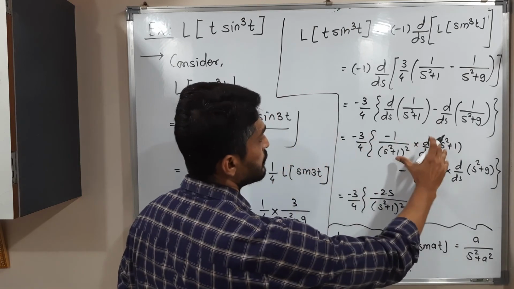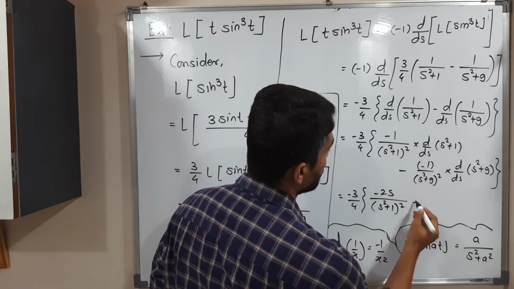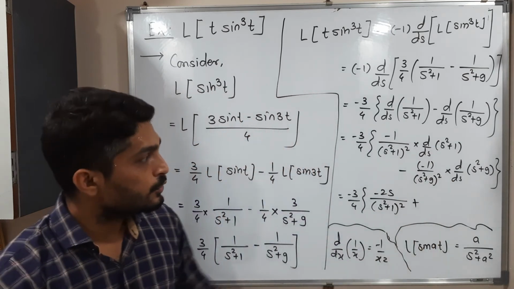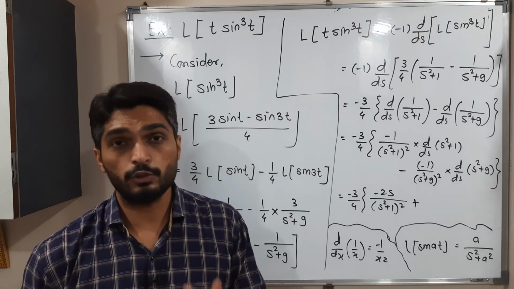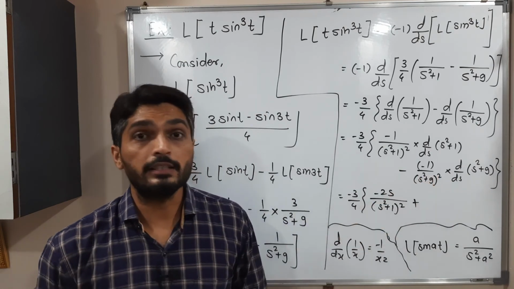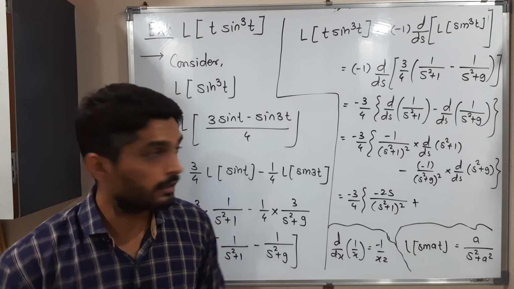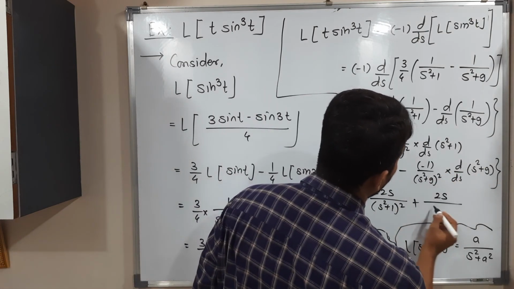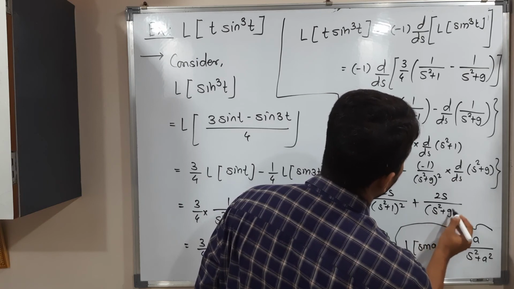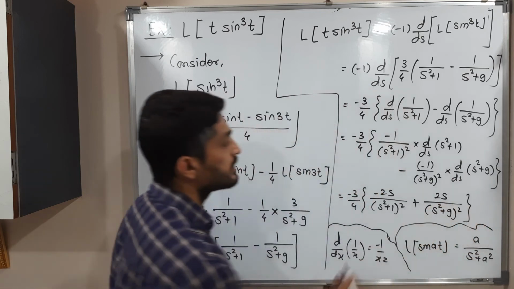In this way, we finish the first term. Minus this, minus minus plus we will have, right? What is derivative of s square? It is 2s. What is derivative of 9? 9 is a constant, derivative will be 0. So 2s upon (s square plus 9) whole square. Getting? So this is the required answer.